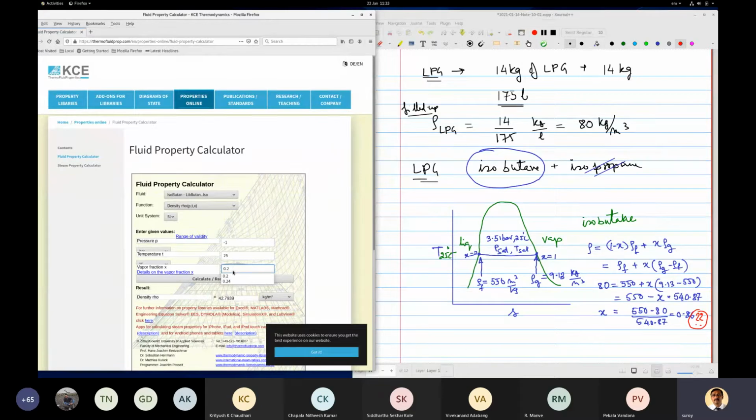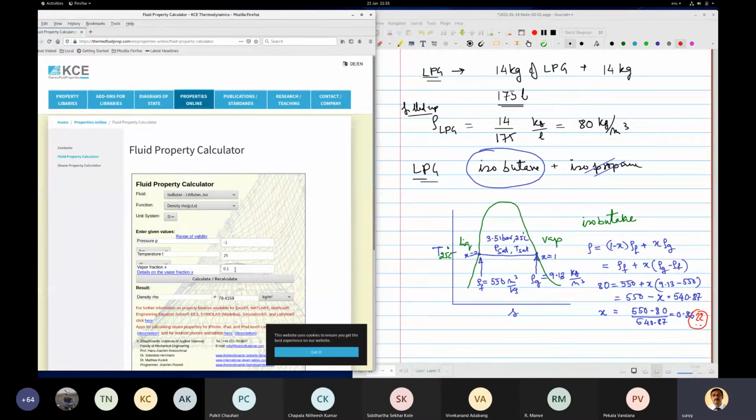Can you put 0.14? Let me see. I think I did a mistake there. 0.14. I did it differently. 0.12. I did that mistake somewhere. See, it's more like it should be.